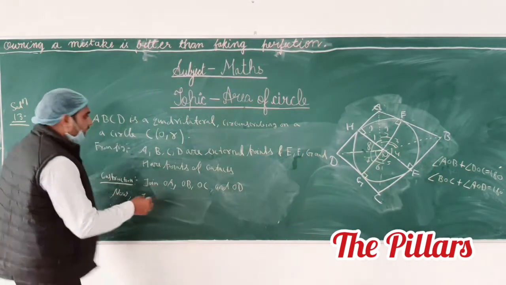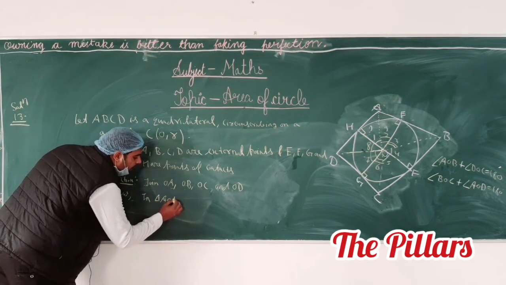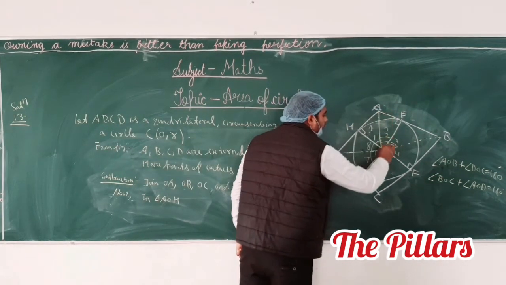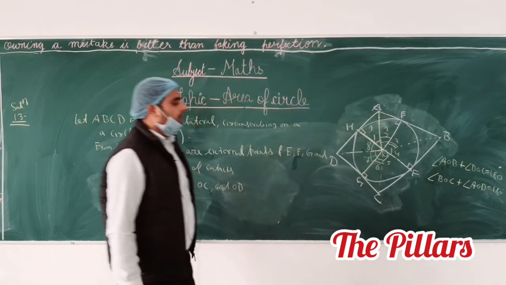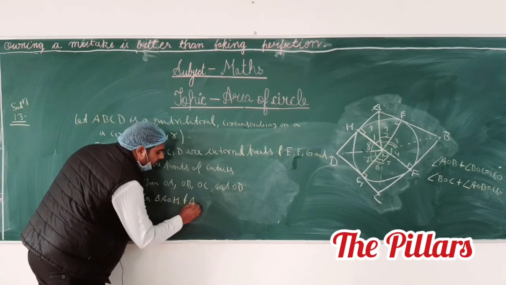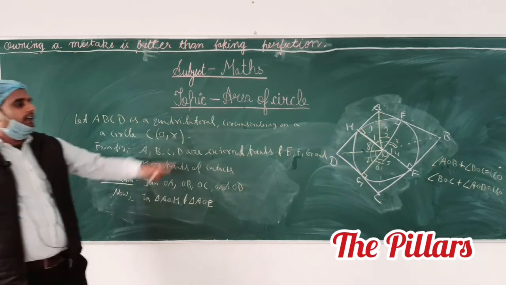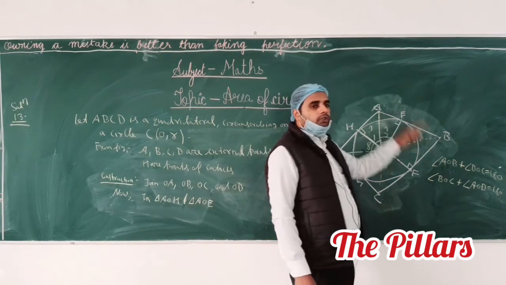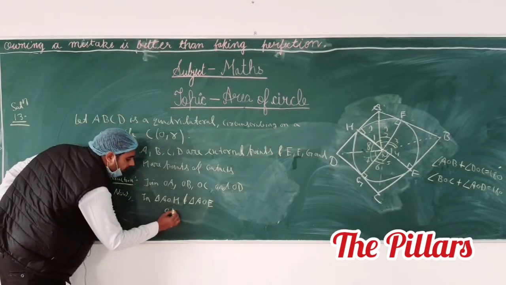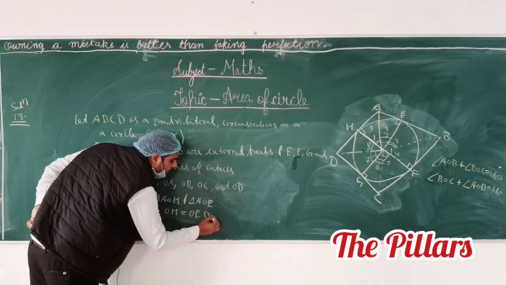In triangle AOH and triangle AOE, OH equals OE. Why? Radii of the circle.